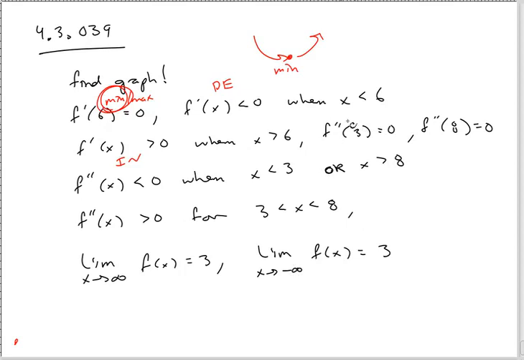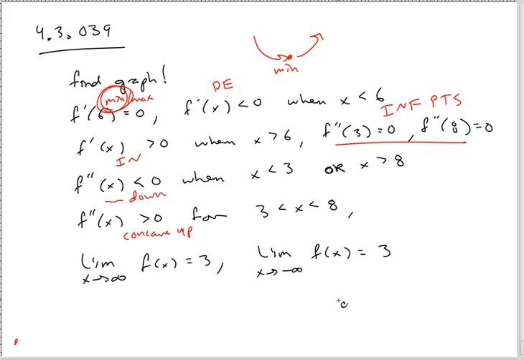And then they say we got 2 inflection points. Now notice that my second derivative is less than 0 for the outsides. It's greater than 0 on the insides. This is concave up, so this must be concave down.